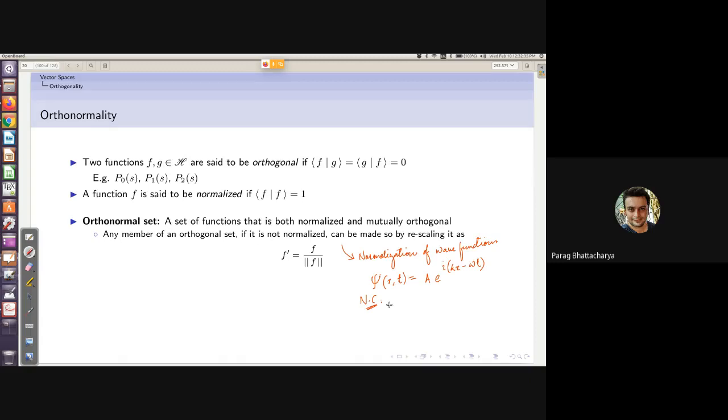What is the normalization condition? The normalization condition is the integral of psi star psi dx equals 1.